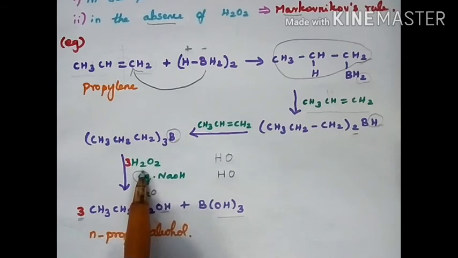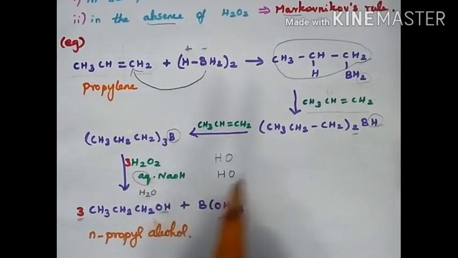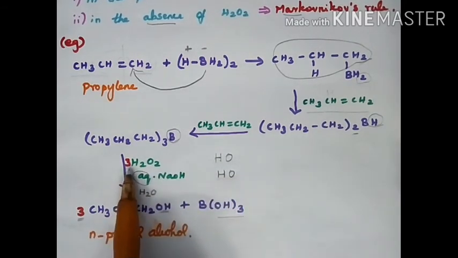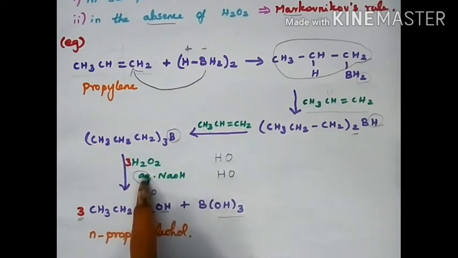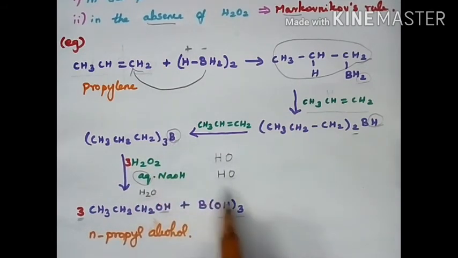Now the oxidation step. That is hydrogen peroxide. In one H2O2, 2 OH groups are there. We take 3 molecules to balance this. So 6 OH are there in 3 H2O2. So 1 boron goes with 3 OH as boric acid. This is boric acid.